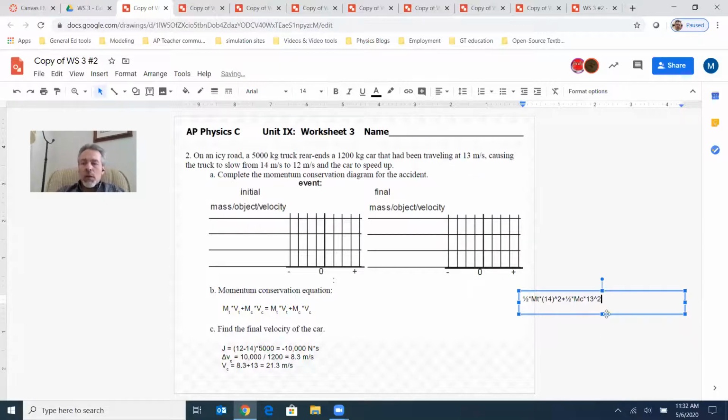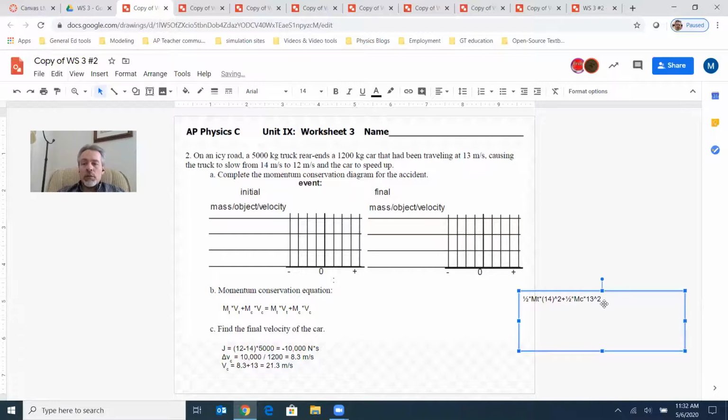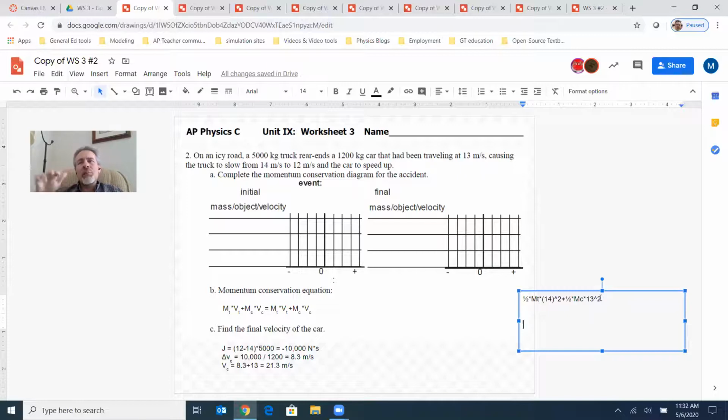You need to know right now that I don't know what the answer is. It's not like you can just look at a problem and go, oh, that right there, that's elastic, or that right there, that's inelastic. Usually you can't tell. Now, on the previous one with the arrow going through the melon, that's a pretty good bet that that's inelastic, because there would probably be some friction going on there.